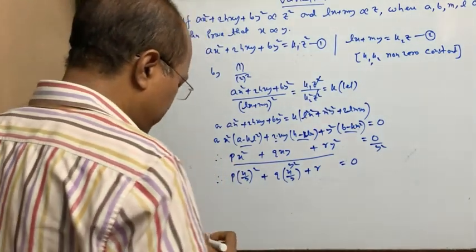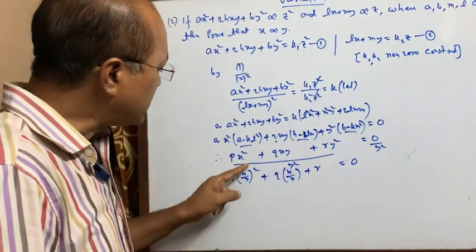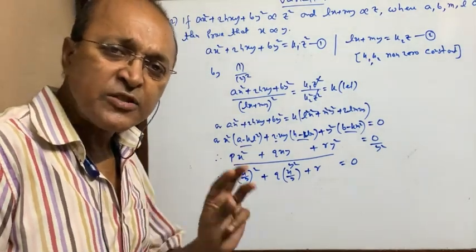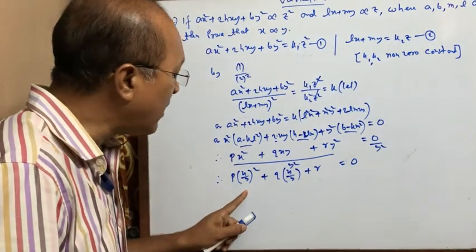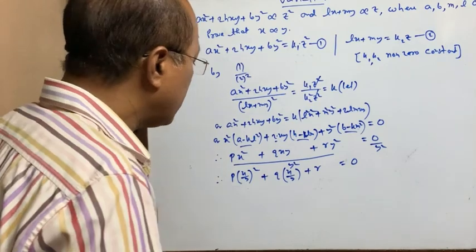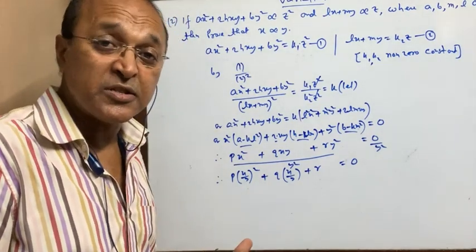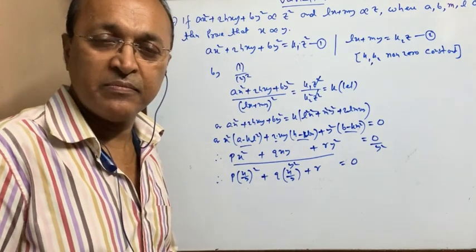Now we can do one thing. X by y is variable term. Here it is whole square, here it is x by y only, and it is constant term r. It is like ax square plus bx plus c, like quadratic equation.